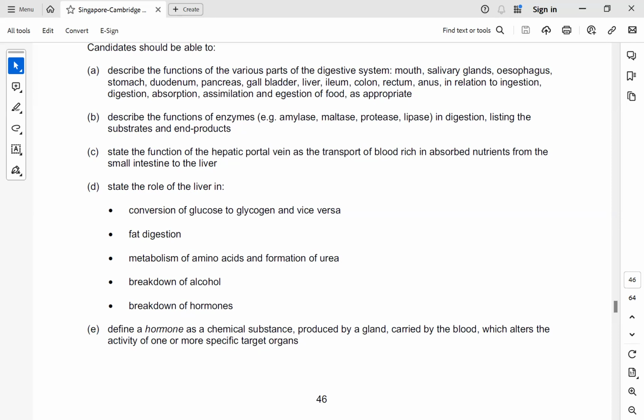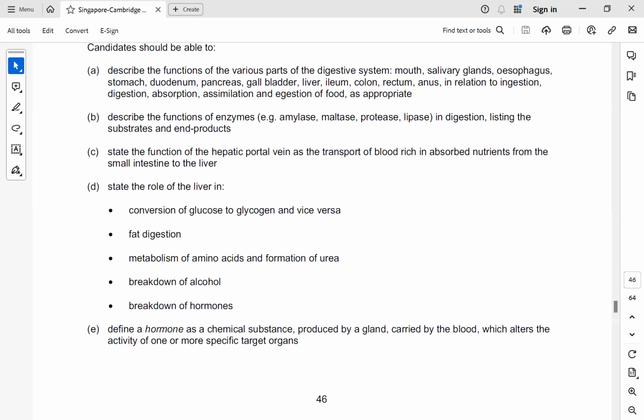Then we talk about metabolism of amino acid and formation of urea. This one is basically talking about the deamination of excess amino acid. The word excess is important. I don't know about other bio teachers, but for me, when I mark, usually I look out for the word excess, especially if you're a pure bio student.